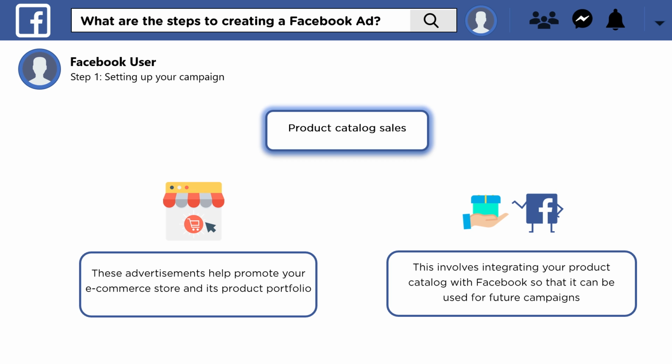They are likely going to choose product catalog sales because it will help push traffic to the store and get somebody to convert either for a particular product or to look at other product categories and buy something there. So product catalog sales are really great for future campaigns when you're looking for sales.